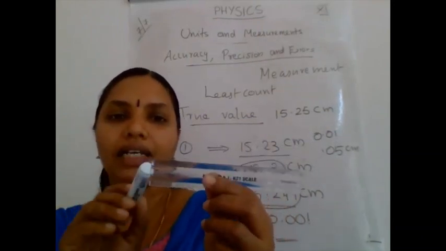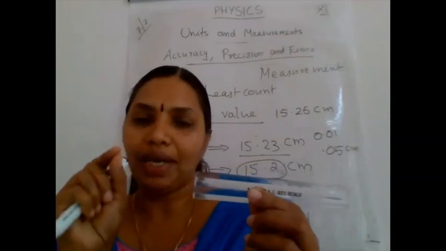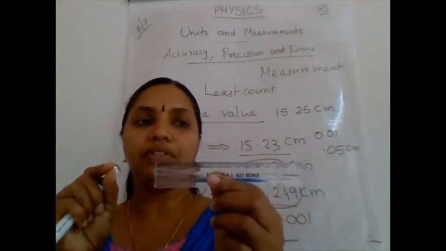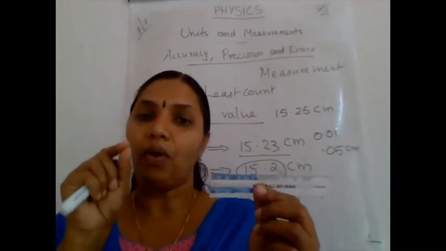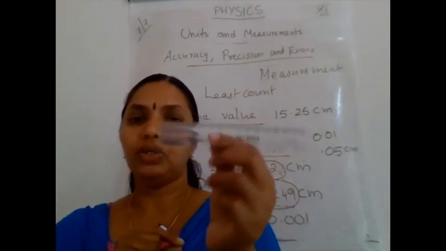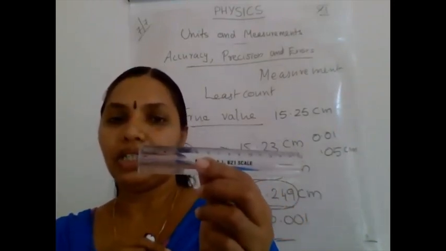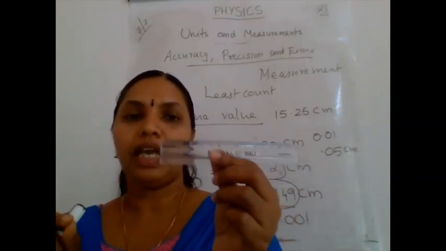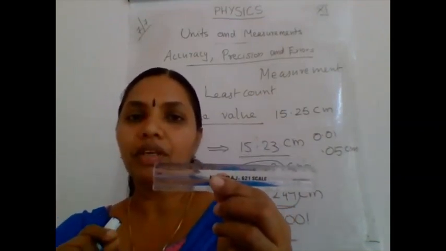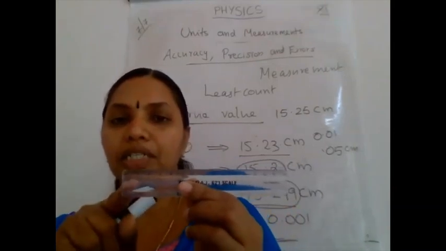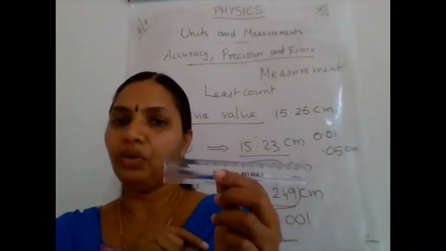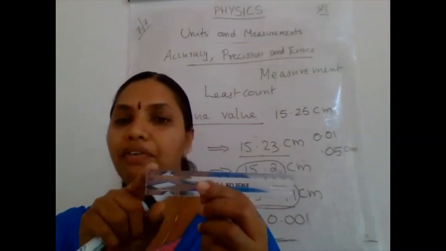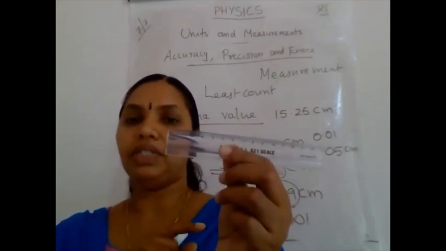In that 1 millimeter you can see one more division, that is the 0.5 millimeter. So using this scale you can measure a length of 0.5 millimeter. Can you measure 0.1 millimeter using this scale? No, we can measure only 0.5. That is the least measurement we can do with this scale.